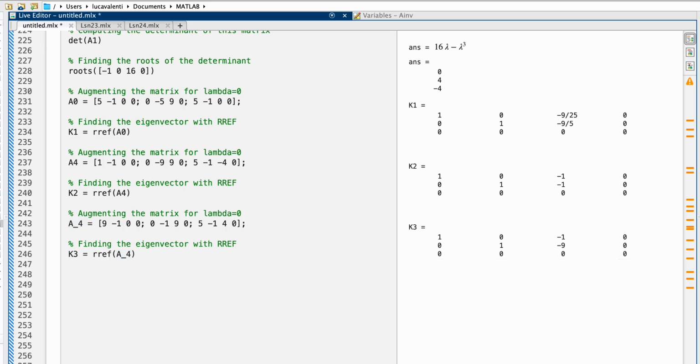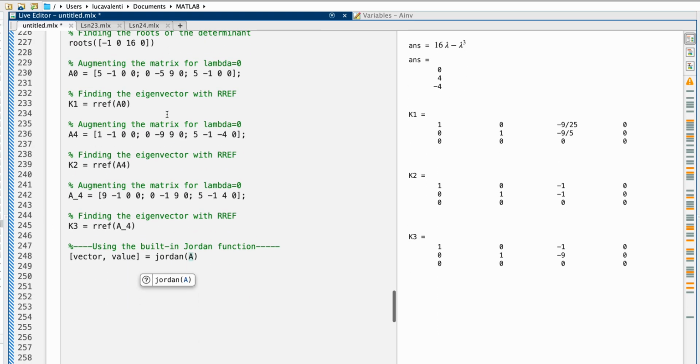Now, let's do the second way, which is using the built-in Jordan function. What we have to do is assign an output for the vectors and the values that it gives us, and then input the original A, this one right here.